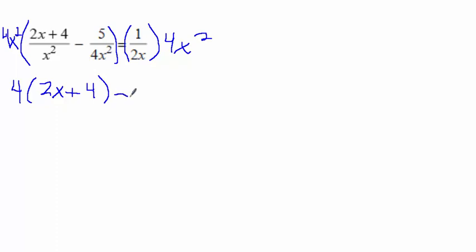Notice I have a subtraction sign this time. 4x squared divided by 4x squared, oh, that's 1. 1 times 5 is 5. Then when I divide these guys, I do get something a little different here. 2 goes into 4 2 times.